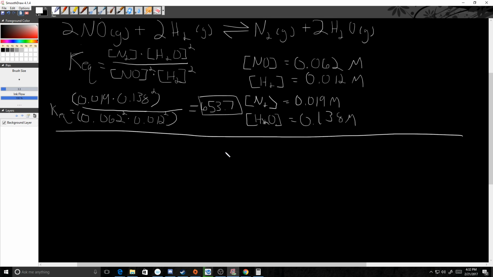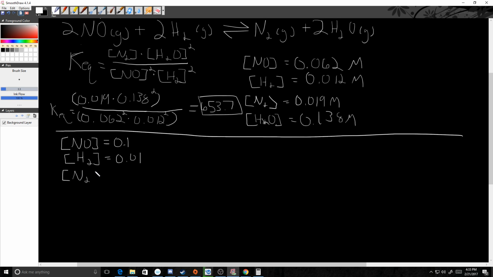We're not going to change the temp of what we're looking at. But in this case, let's say we're going to change some things up so that the concentration of NO is equal to 0.1 and the concentration of H2 is equal to 0.01.